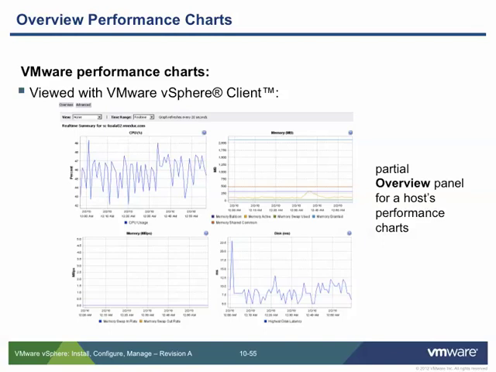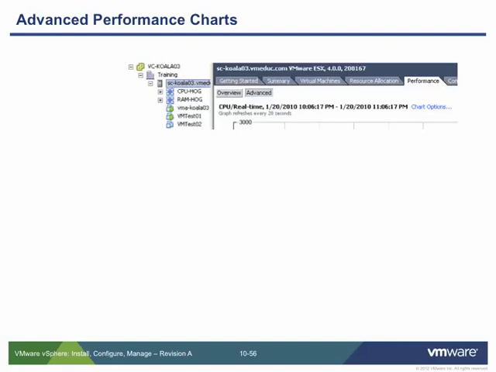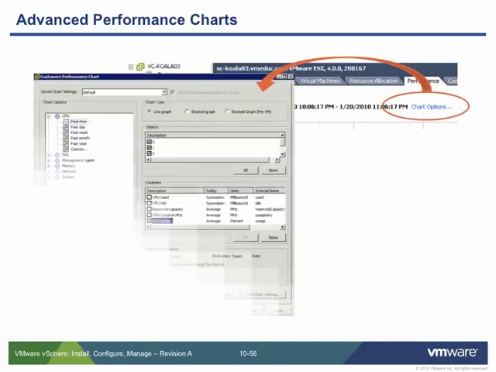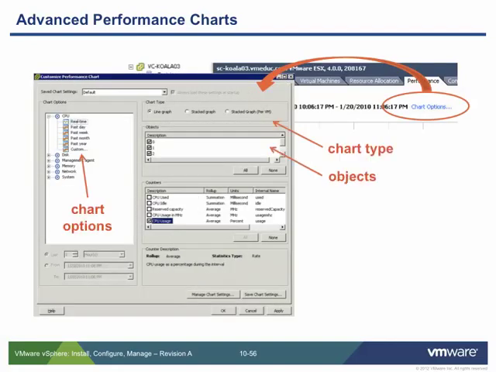This is another example of the performance charts you can look at. This is within the overview panel, an example of the advanced performance charts. If you click on the chart options, it pops up this dialog box. Within it, you have the chart type across the top: line graph, stack graph, or stacked per VM.